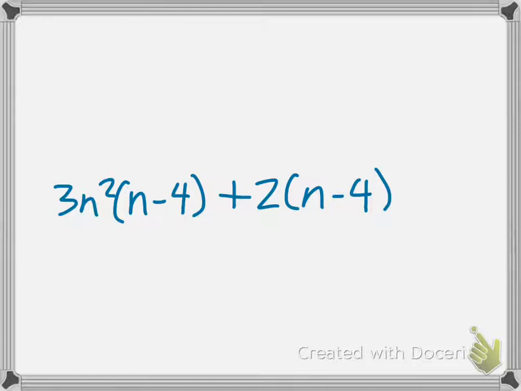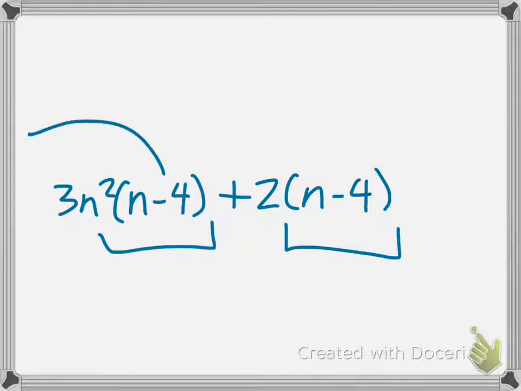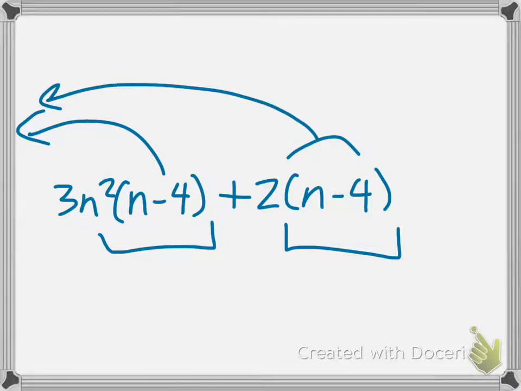What do they have in common? Whoa. Come again? N minus 4. So what am I going to do? You multiply 3n plus 3n squared plus 2 times n minus 4. Close. Hold that, okay?